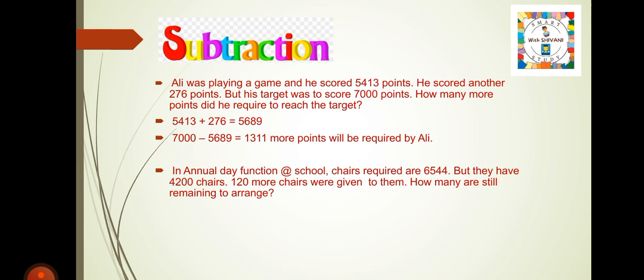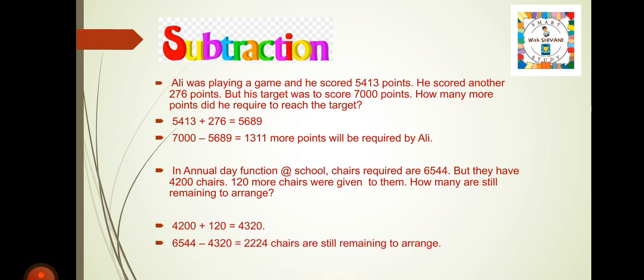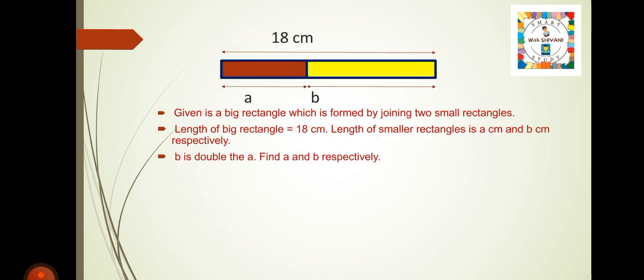So first we will do the addition of 4200 plus 120, which will give us 4320. Remaining is a keyword for subtraction. So we will subtract 4320 from 6544 because 4320 is a smaller number. And we will land up at 2224. That is 2224 chairs are still remaining to arrange.